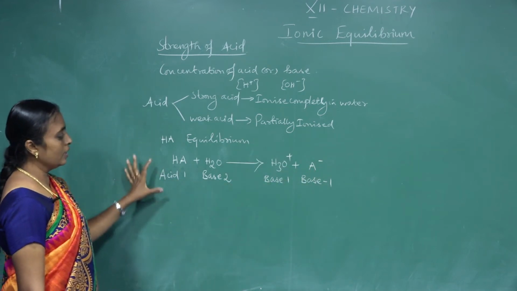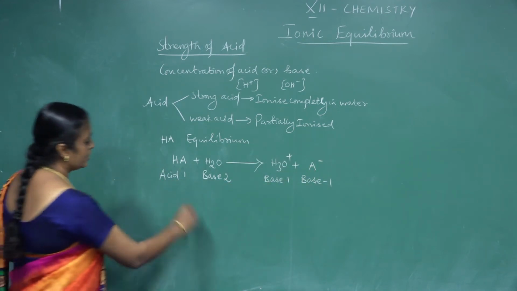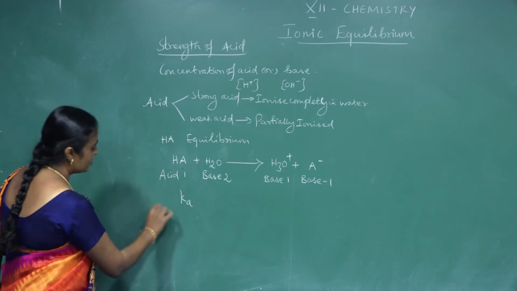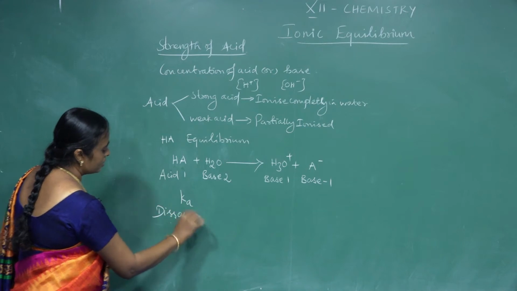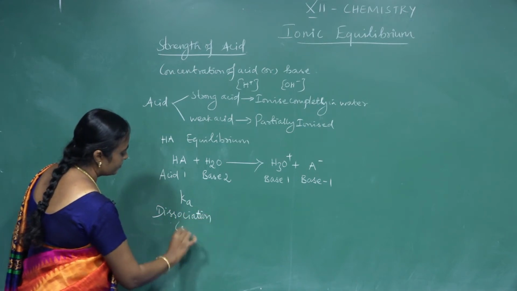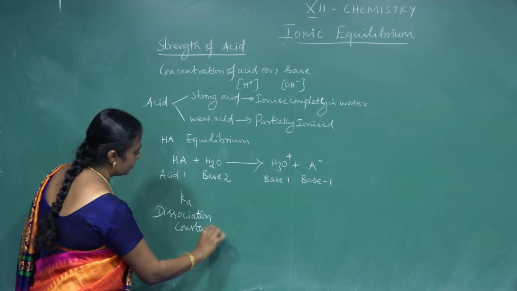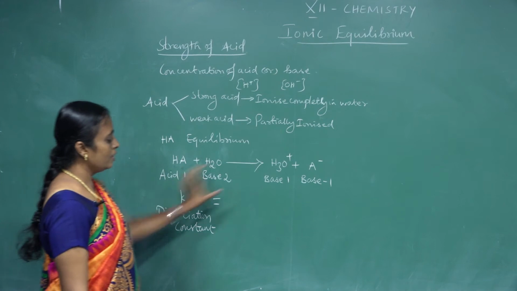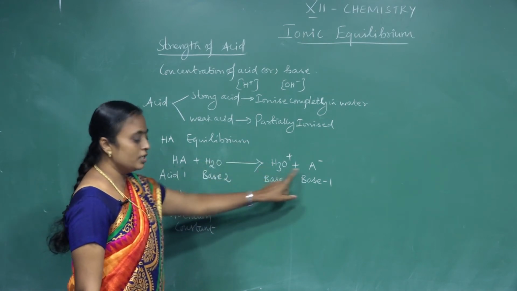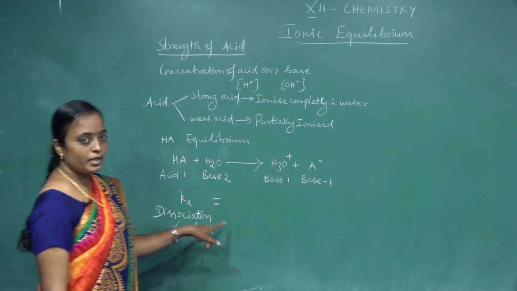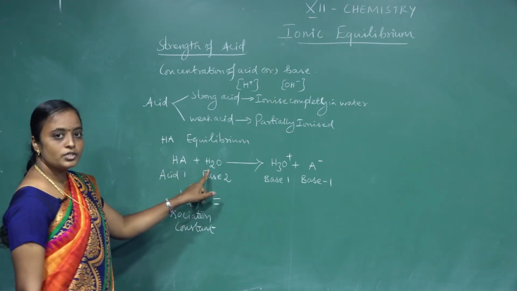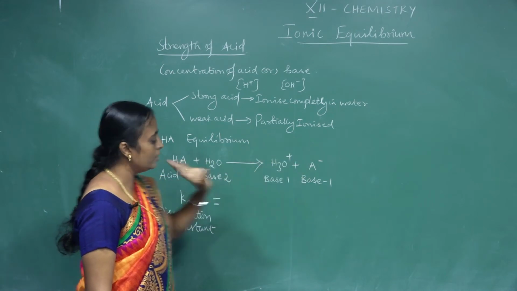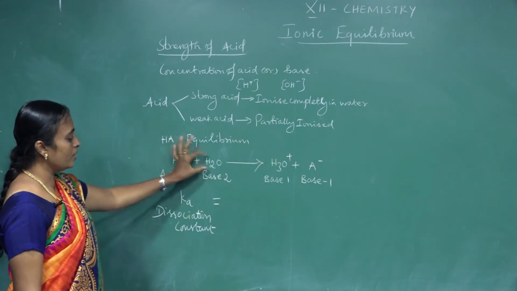So for this equilibrium, I am going to write Ka. What is Ka? Ka is nothing but the dissociation constant. How do we express Ka? Ka is the product of the concentrations of the products divided by the product of the concentrations of the reactants. Here the products are the hydronium ion and the anion, and the reactants are one acid and one water molecule.